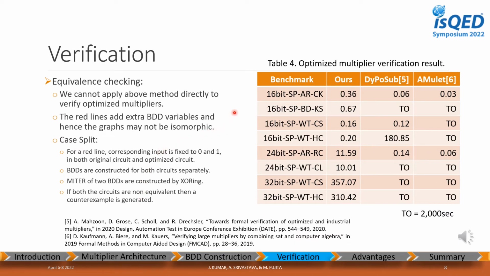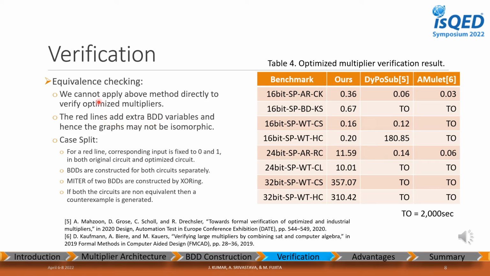So far we have seen general multiplier verification by comparing the BDD nodes with the golden model. In this slide, I would like to demonstrate the verification of optimized multiplier circuits by equivalence checking between two multipliers. As I have already discussed, the optimization introduces a few extra lines parallel to the partial product generator.